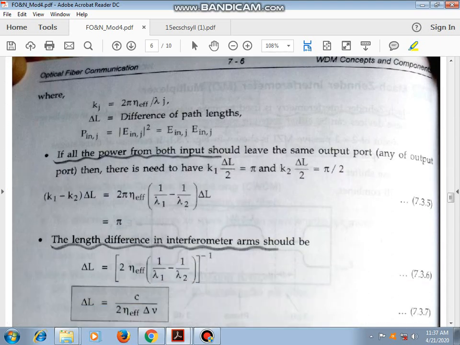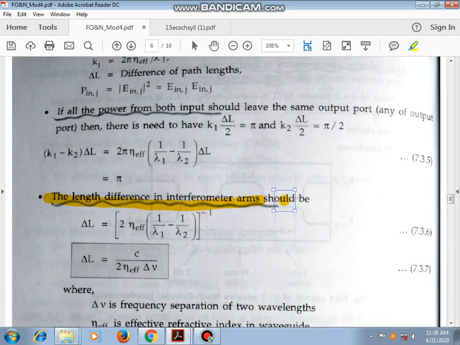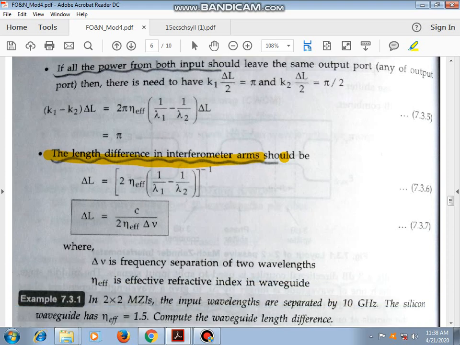Here the phase difference you have introduced at the center of this coupler, this much phase difference you have introduced here. This delta is nothing but the difference of path lengths. So delta L should be this much. Delta L equals 2 eta effective times (1 by lambda 1 minus 1 by lambda 2) whole raised to minus 1.